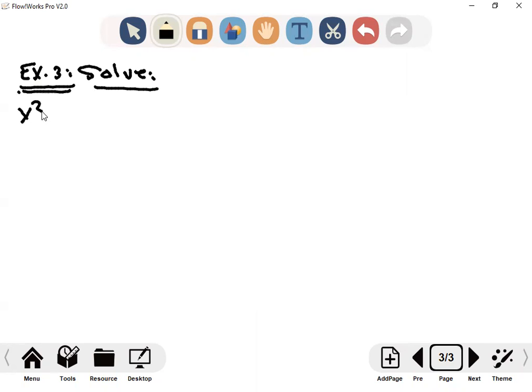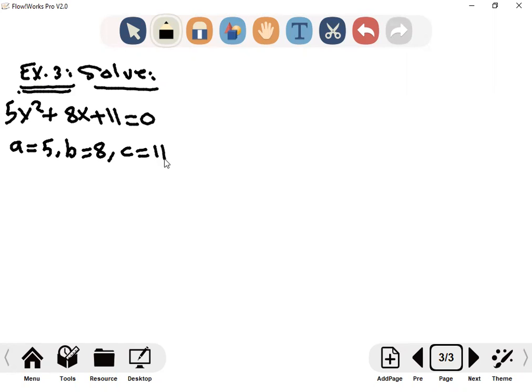X power 2 plus 5x power 2 plus 8x plus 11 all equal 0. Same steps, same idea, but different with delta here. A is 5, B is 8, C is 11. But first make sure that this equals 0.